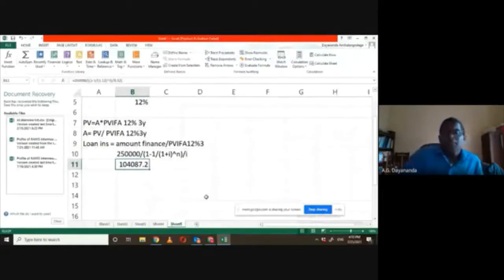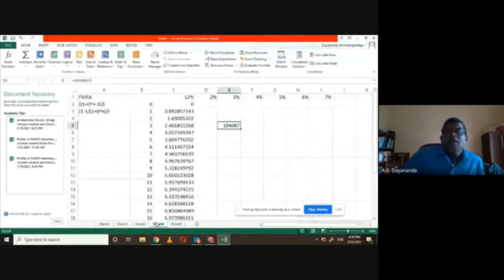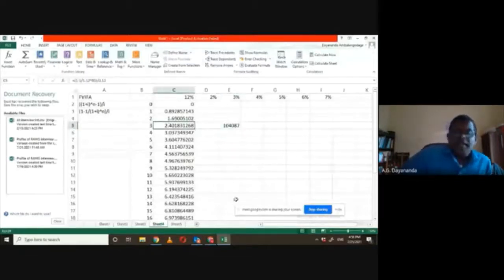If you have a table, you can find the figure for 12% and 3 years.